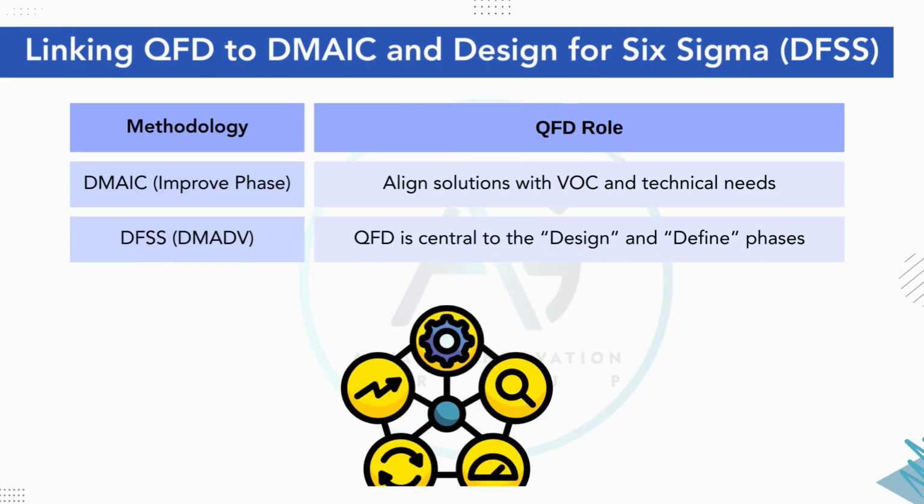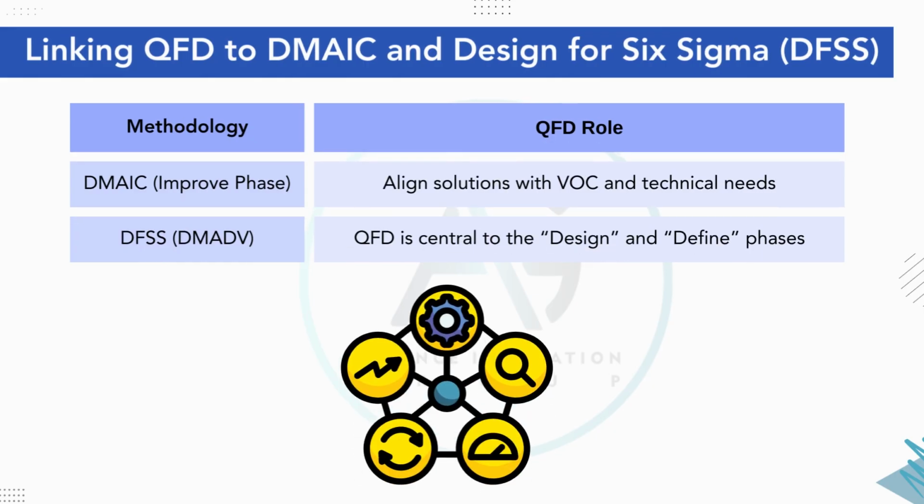This slide explains how QFD connects with the 2 key Six Sigma methodologies, DMAIC and DFSS. In the DMAIC Improve phase, QFD helps align improvement solutions with both the voice of customer, VOC, and technical needs. This ensures that changes are not only technically sound, but also customer-driven.